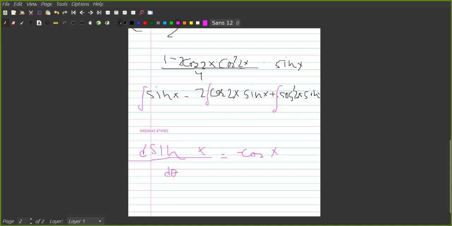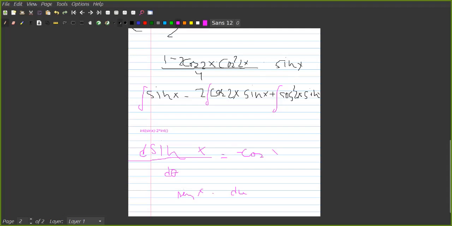So here we have sine x. This would be u times its own derivative, so we can leave this only with sine, so this would be sine x times du.